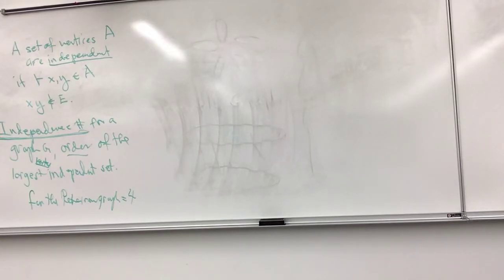That's the number of vertices. So when G contains a matching with M edges, it has 2M vertices. So when you get to part B, if I'm going to have five edges in my matching, I've got to have at least 10 vertices.